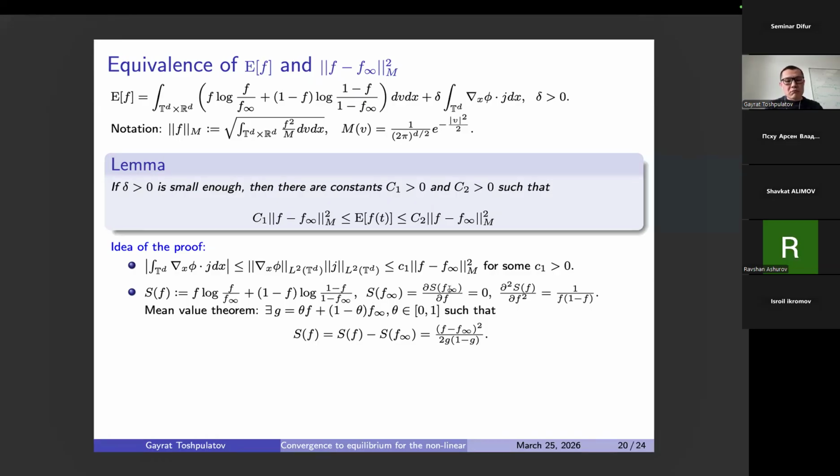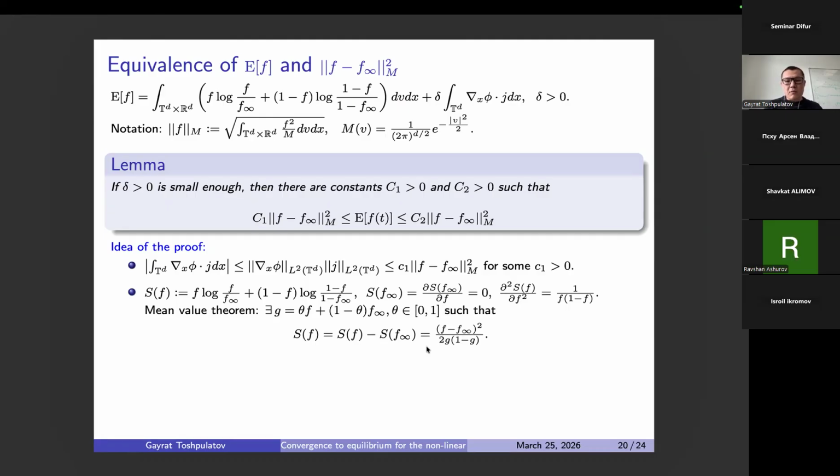Since the values of S and its first derivative are 0 at f infinity, we can use the simple mean value theorem. It says there exists some g, which is a combination of f and f infinity, with theta some number that can depend on t, x and v. We have this equality just by the mean value theorem.